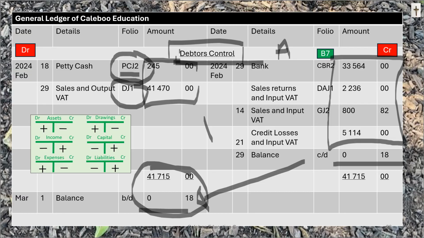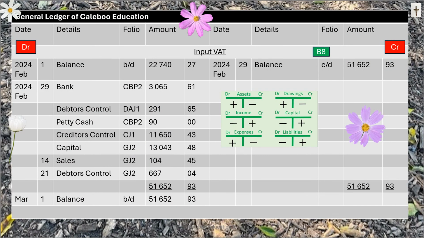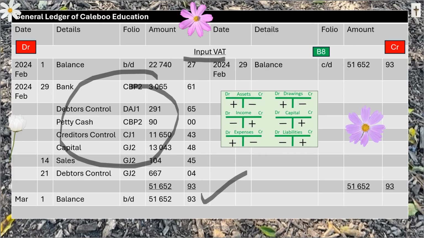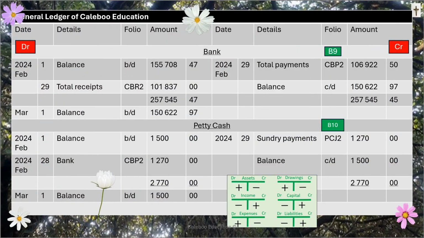So there's debtors control balanced. Input VAT, there it is, balanced, all the entries. Balance carried down, balance brought down. There's the bank account. Got a balance brought down, total receipts, total payments. What should be in our bank account?